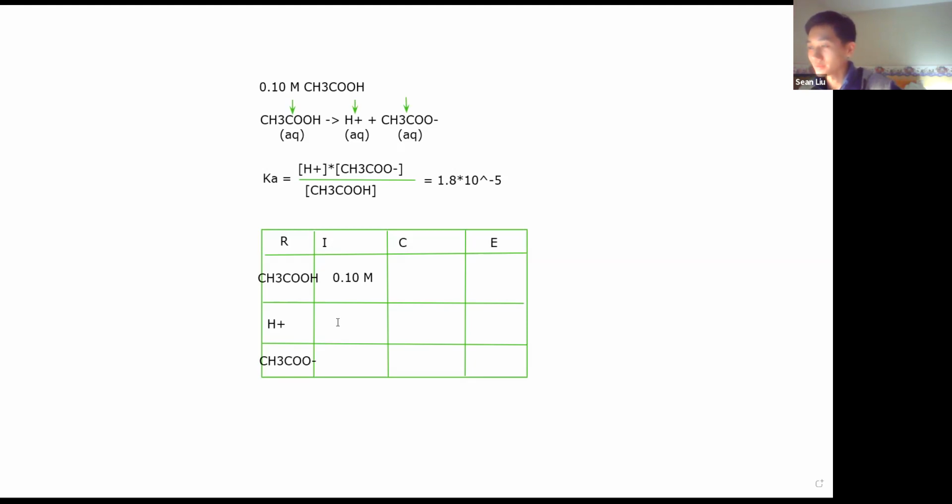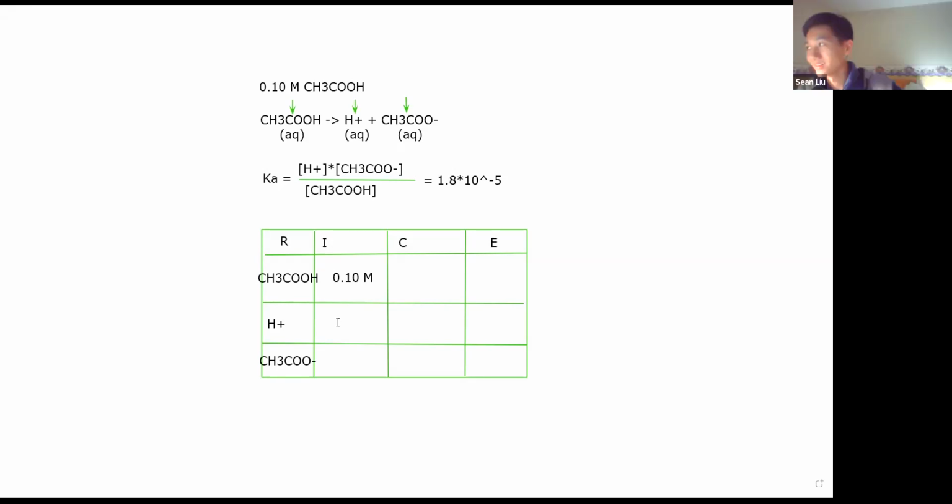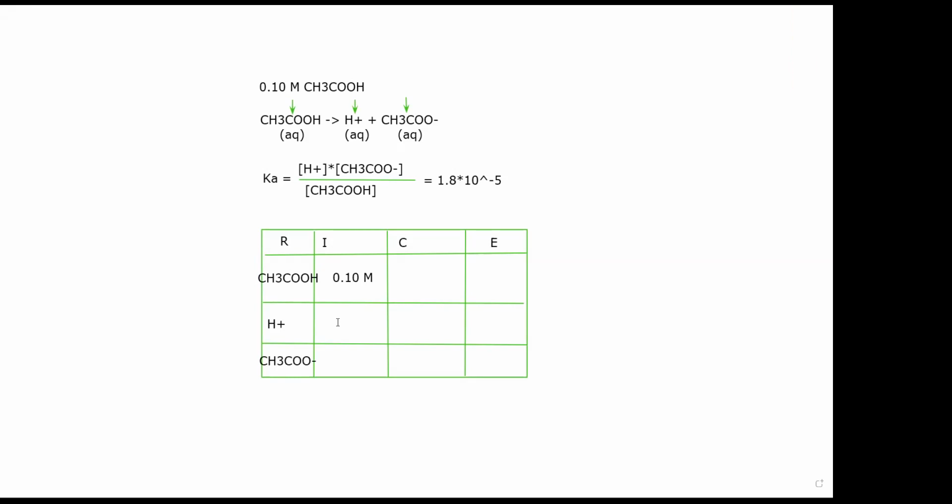Anyway, moving on to the harder question, because the concentration of acetic acid is given to us. What about H plus? What is the concentration of H plus initially? It would be the same as the acetic acid, right? Wait, no, I'm wrong. Do you know how much H plus there is?